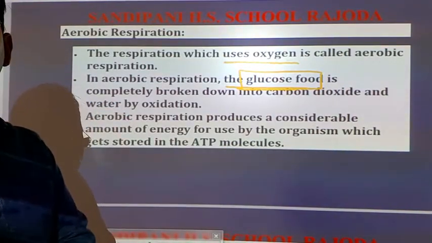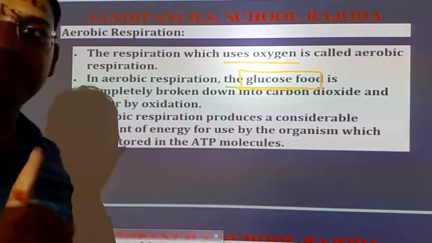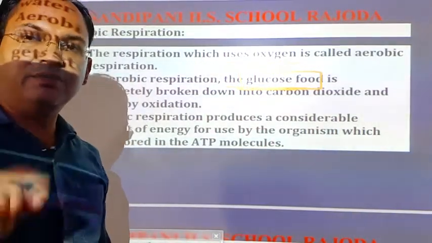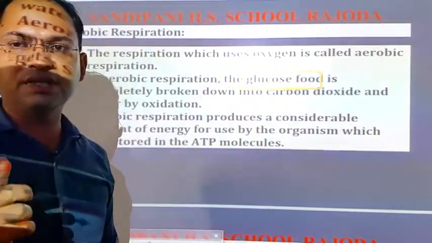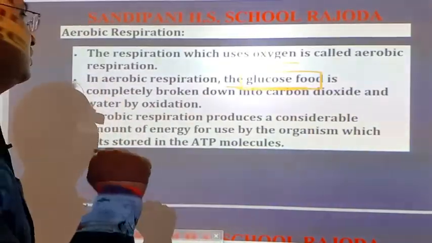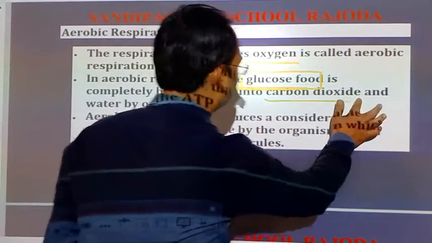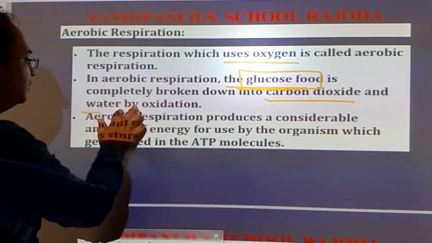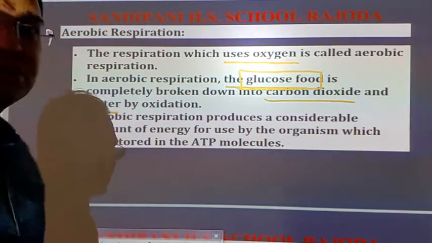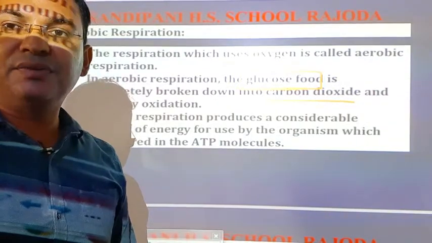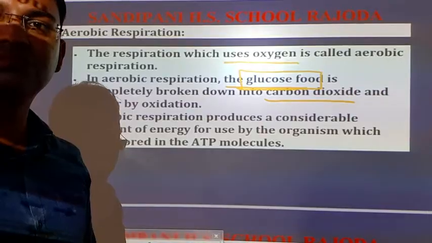Remember students, in aerobic respiration the complete oxidation of glucose takes place, producing carbon dioxide and water, along with a large amount of energy, 38 ATP.